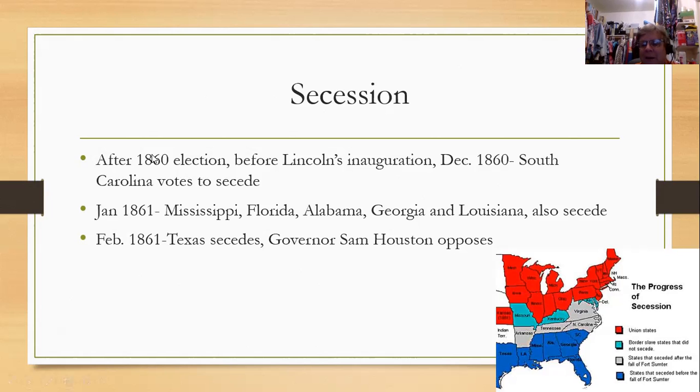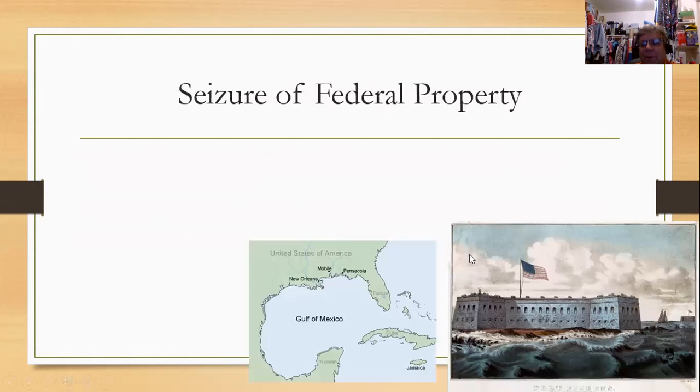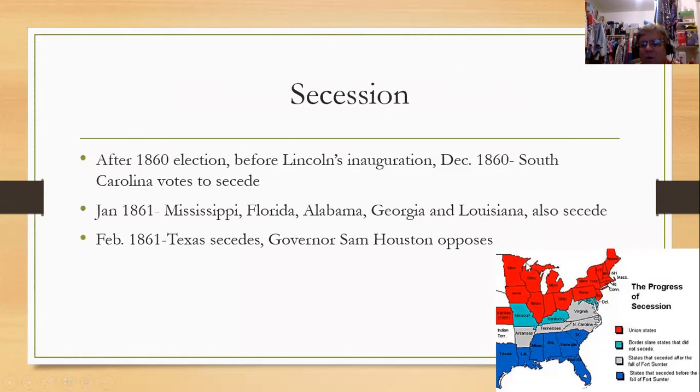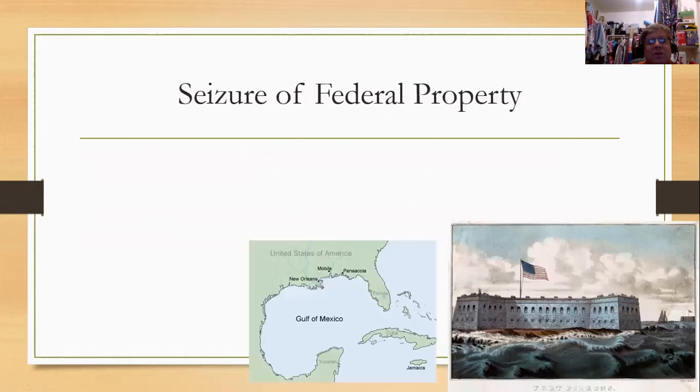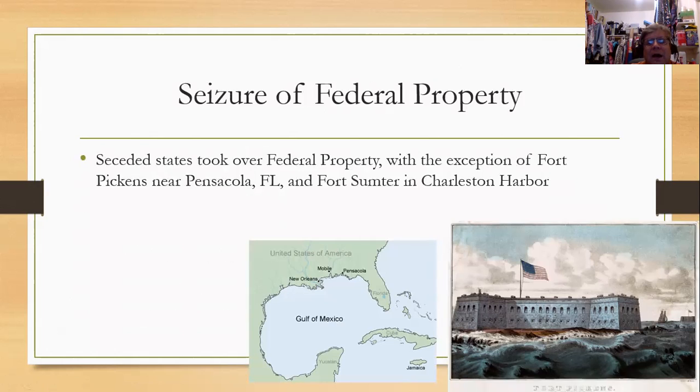Now, there were some states that didn't secede at that point. As you can see on the map, down at the bottom right-hand corner, these are states further south. You still have states on the border that don't secede initially. But also in these states that seceded, that left the country, there was federal property. Forts.